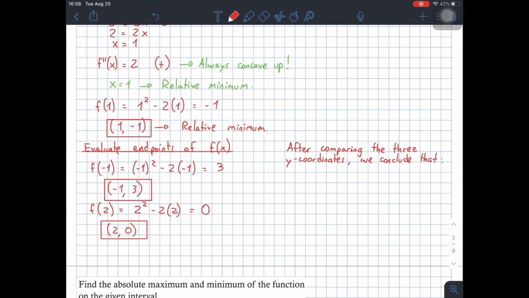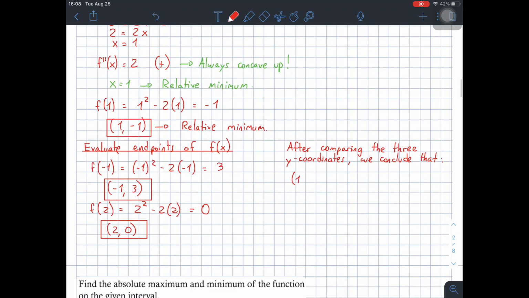And what do we conclude? That the point (1, -1) is the absolute minimum. There's no point which is below that point in this function. And that the point (-1, 3) is the absolute maximum point.